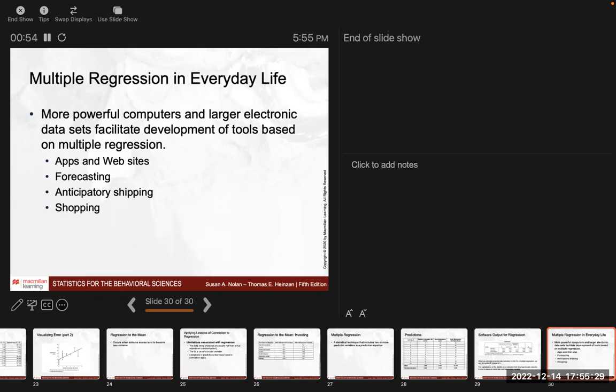This is all done with multivariable regression, notably logistic regression and less likely multiple regression, but that's a big one. Anticipatory shipping: if any online reseller guarantees one-day delivery, this is done because they're filling their warehouses based on shopping behavior of whole cities.